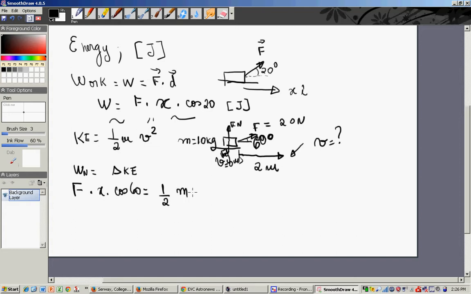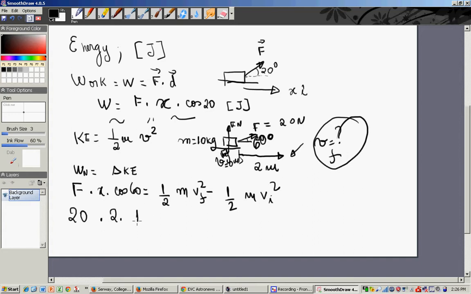This is equal to the change in kinetic energy: half M V final squared minus half M V initial squared. Let's say my block has a mass of 10 kilograms. So let's say we want to find the final velocity. We don't know it.